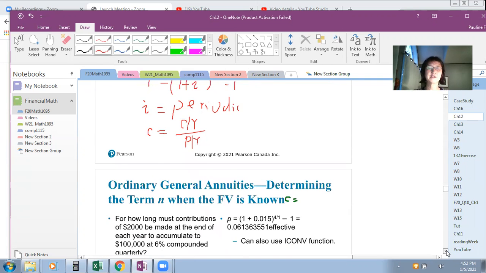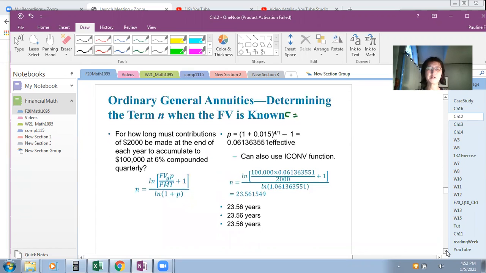Now let's look at our problem. For how long must contributions of 2,000 be made at the end of each year to accumulate to 100,000 at 6% compounded quarterly? So we analyze the problem first, then we can plug in the correct formula.